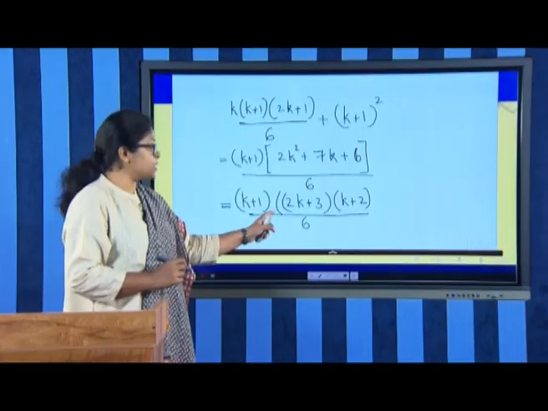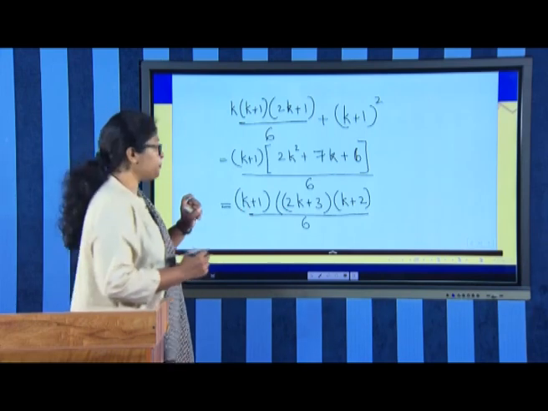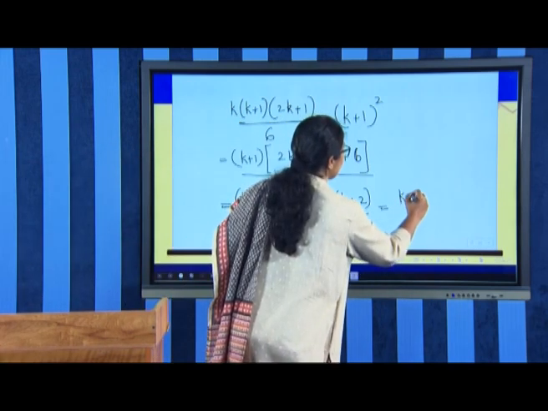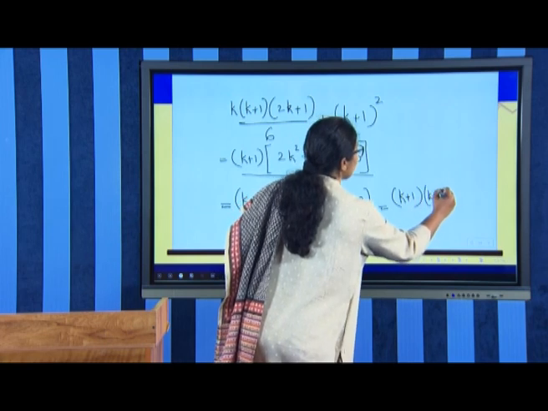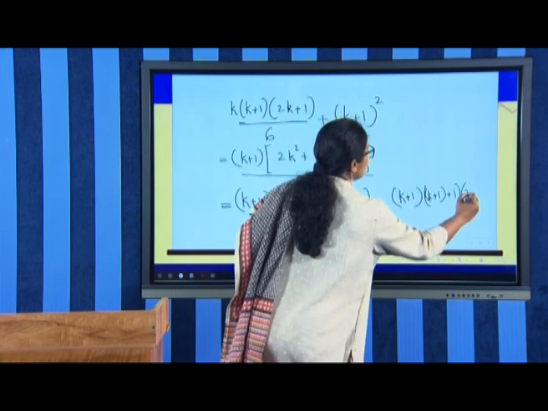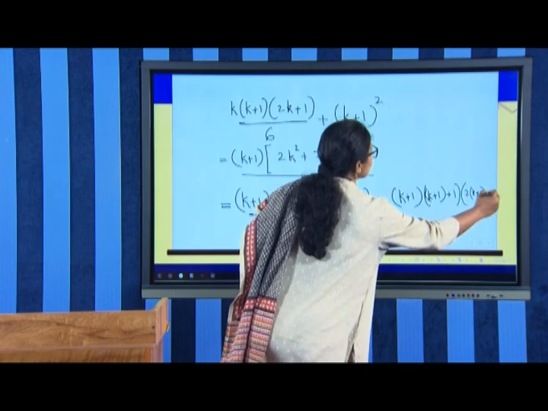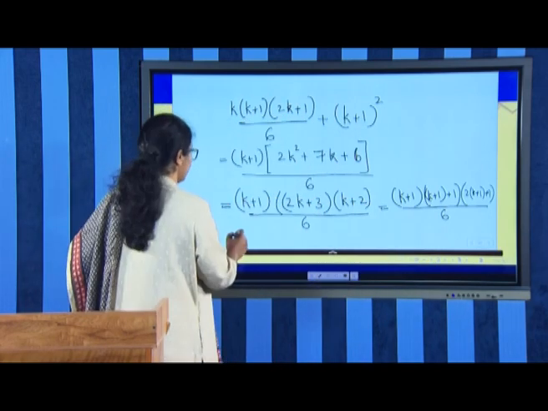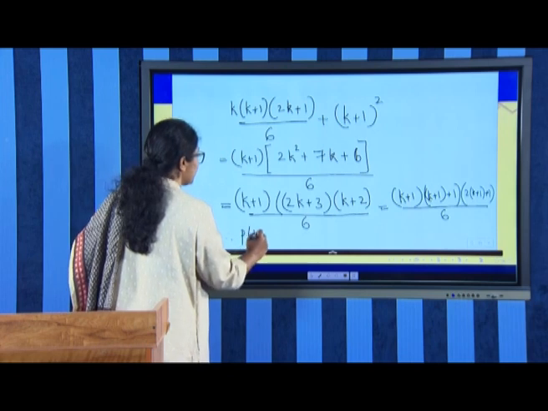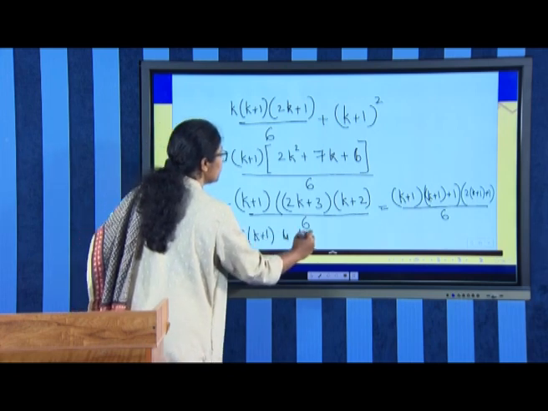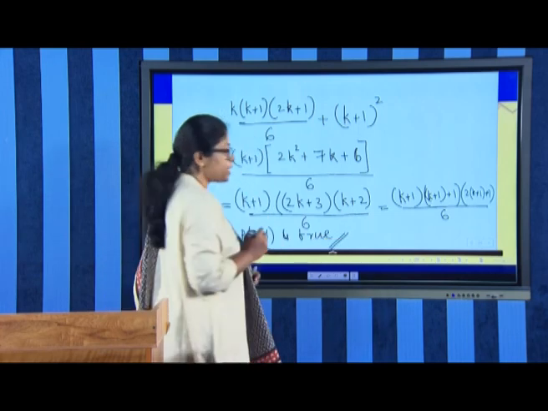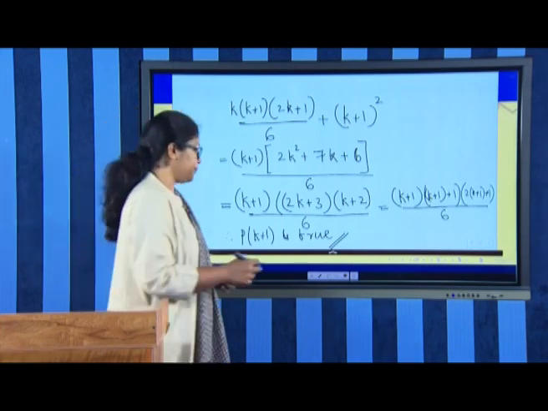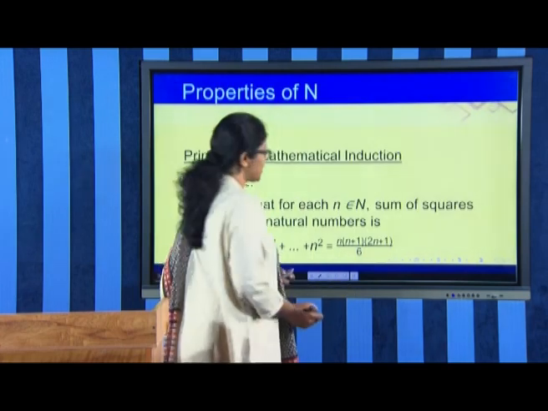Now, when we write these two factors in terms of k plus 1, this is equal to k plus 1 into k plus 1 plus 1 into 2 into k plus 1 plus 1 whole divided by 6, which is exactly same as the result that we required. Therefore, P of k plus 1 is also true. And hence by induction we have P of n is true for every natural number n. So, that completes the second problem.